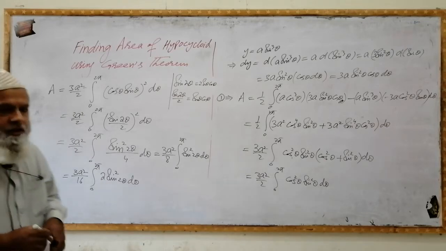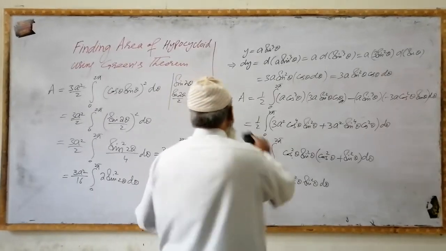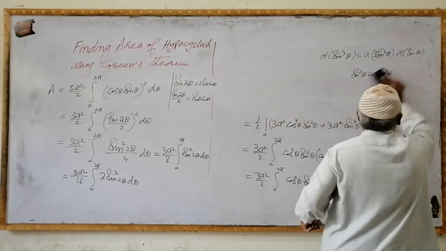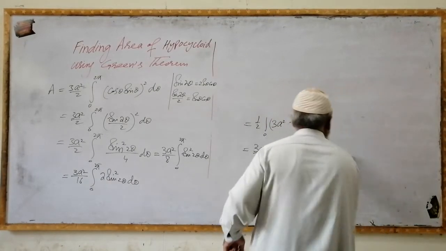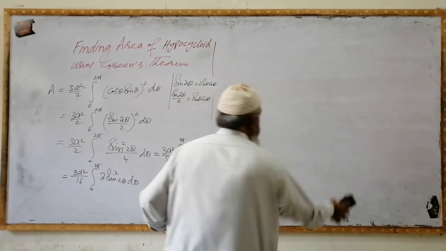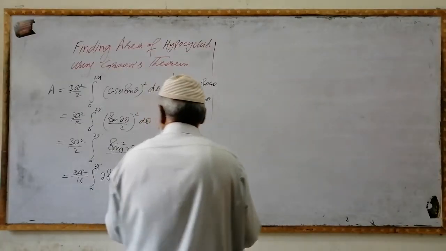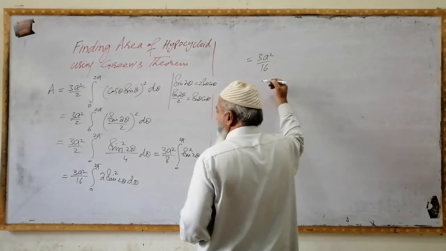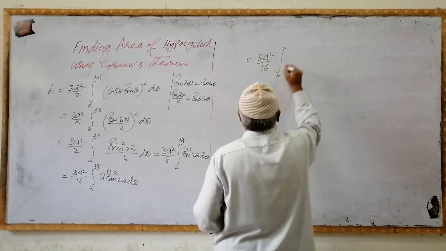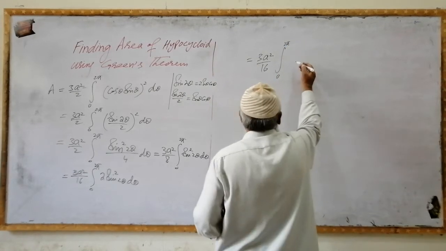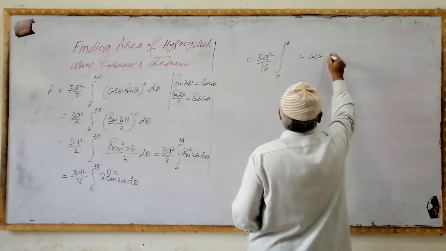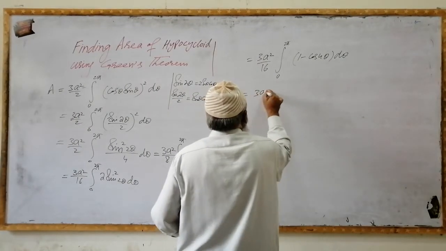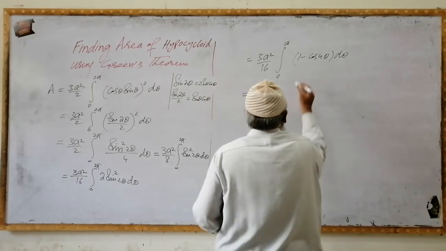And here we will apply the trigonometric formula: 2 sin square theta is equal to 1 minus cos 2 theta, so here 2 sin square 2 theta is equal to 1 minus cos 4 theta. This gives us 3a square by 16, 0 to 2 pi, 1 minus cos 4 theta d theta. Next we are in position to integrate it.